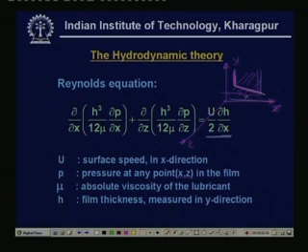And once again, as I have already told you, the lubricant has been assumed in this equation to be incompressible. With these assumptions, the very well known Reynolds equation stands like this, which is, as I told you, a flow equation.